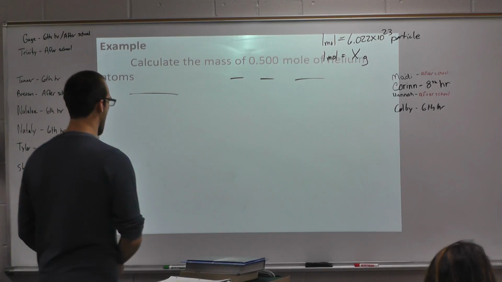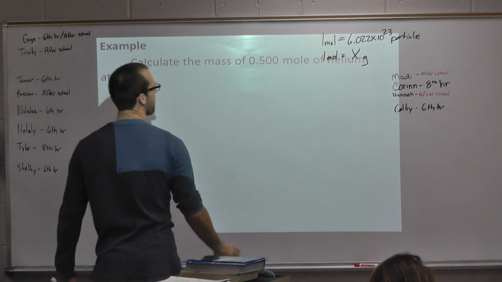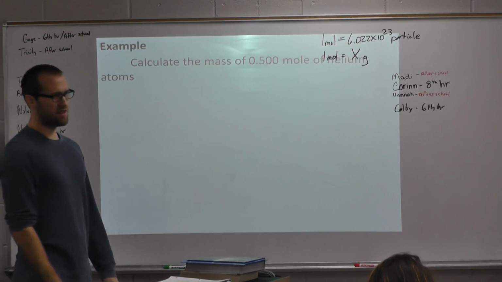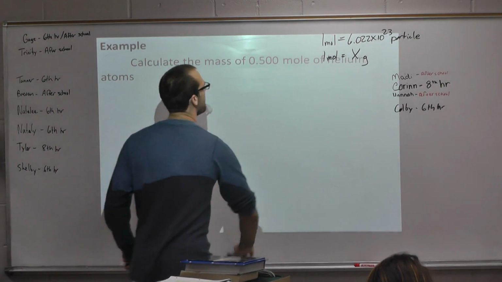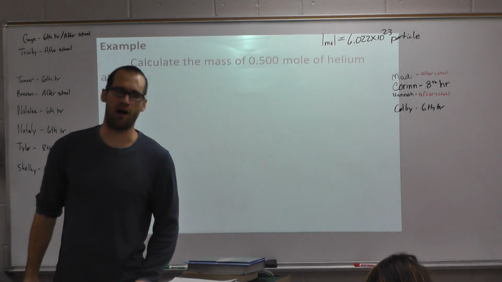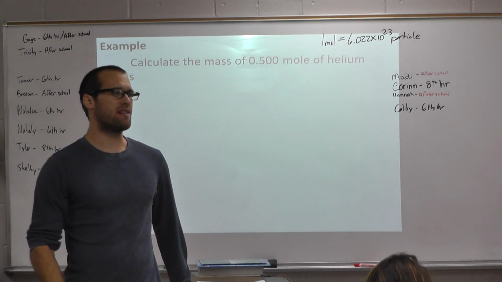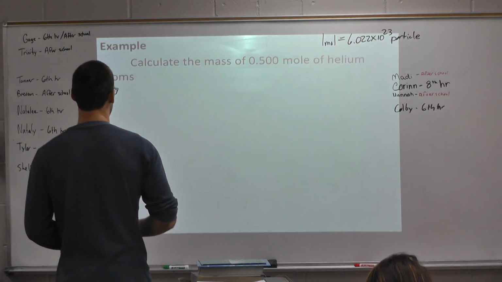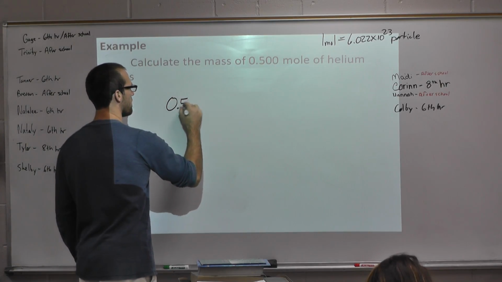Let's take that same idea, still dealing with helium here. We know we got a half a mole of helium. Let's figure out how much that would weigh, or what the mass of that would be. So again, like our typical problems that we did in chapter 3, you start with what you've been given.